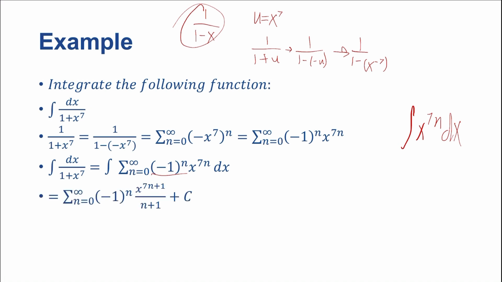We can use the power rule. So we get the sum from n equals 0 to infinity of -1 to the n times x to the 7n plus 1 over n plus 1. And we need to add the integration constant, so we get a plus c at the end as well.